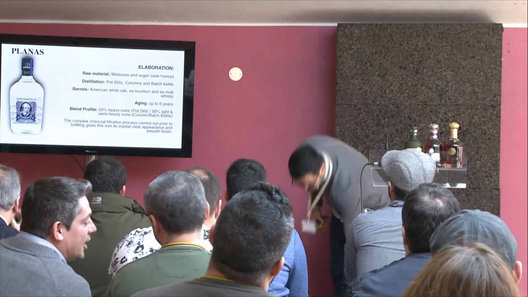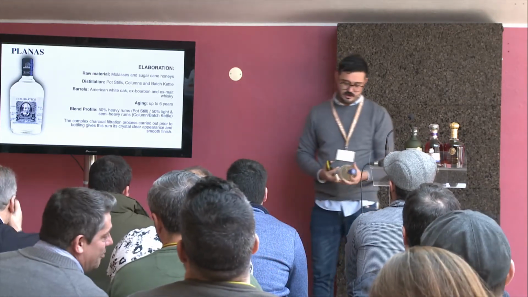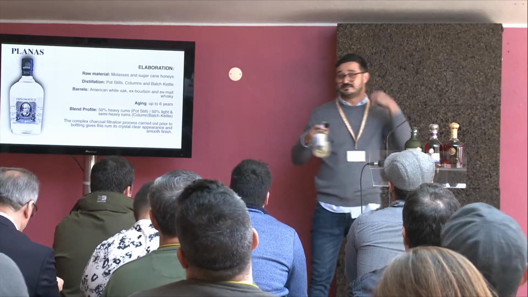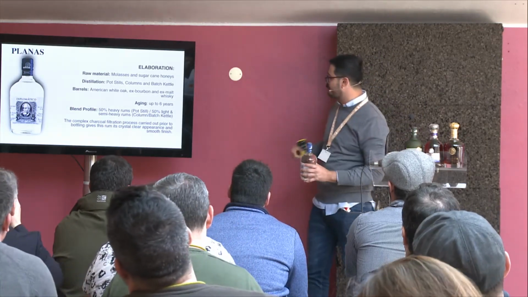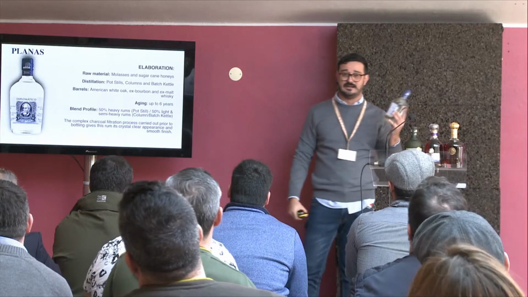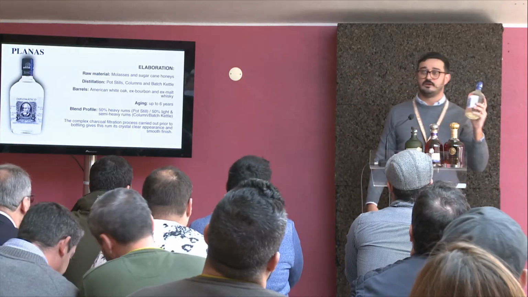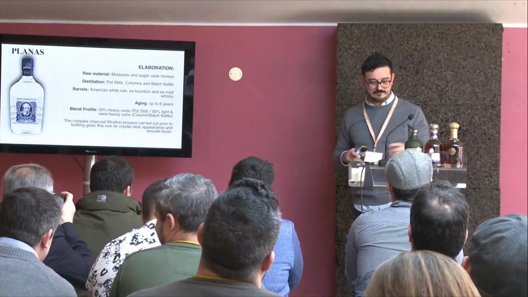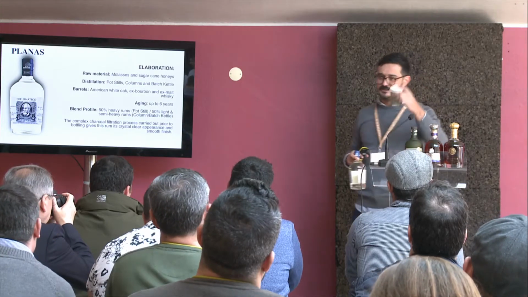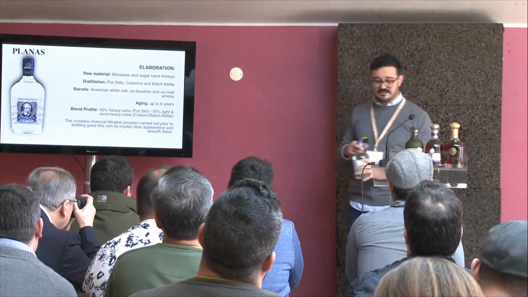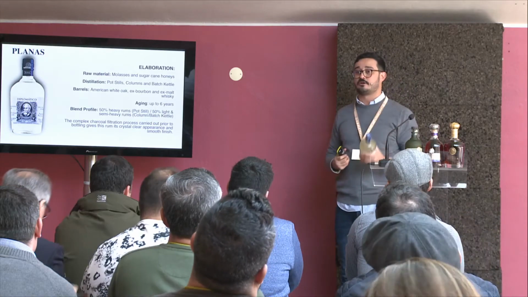Now, as I mentioned, Planas, my favorite. This is 50% pot still and 50% between batch kettle and column. The color is the same, just a little bit lighter in your glasses. At the end, we finish with a charcoal filter.